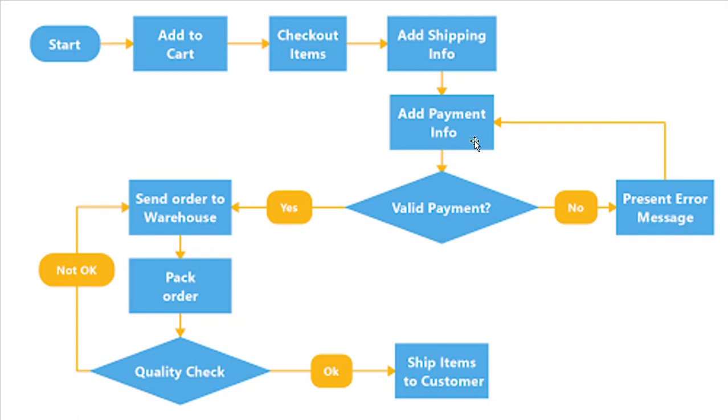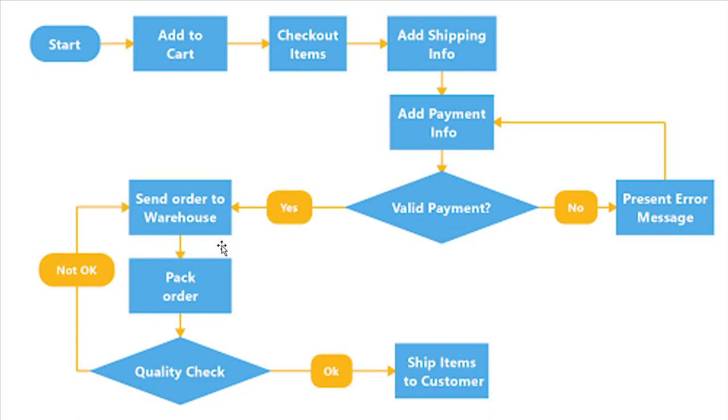Then go back to the previous process, add payment info. Then the process will be repetition here. As long as the payment is invalid, the process will be repeated. Once the payment is valid, only then the order will be sent to the warehouse.